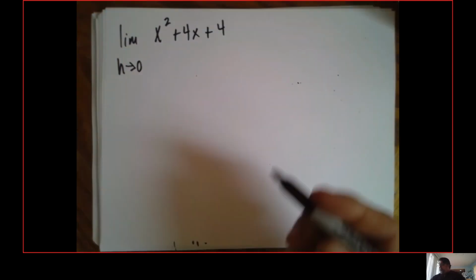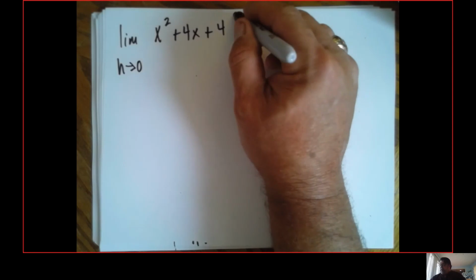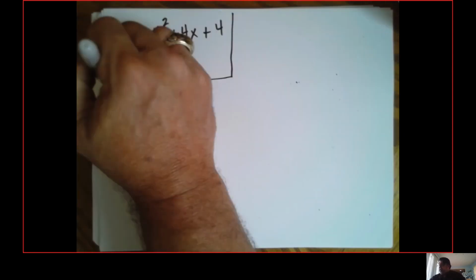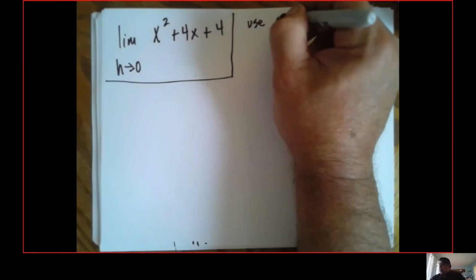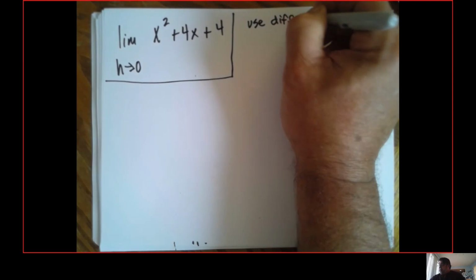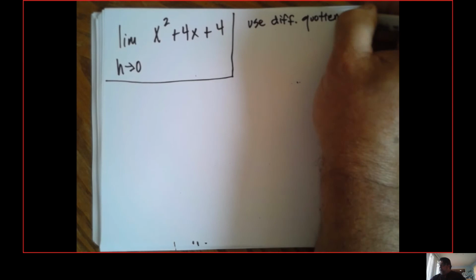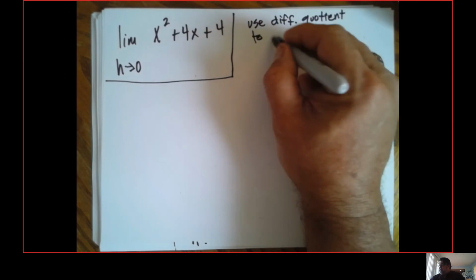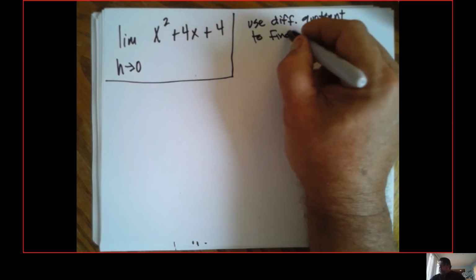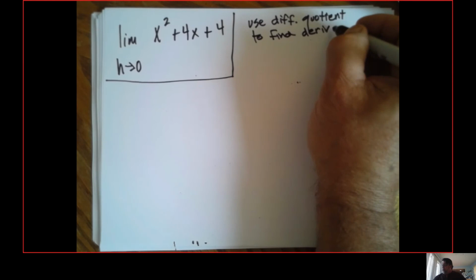And they will tell you in the directions, they will say use difference quotient to find the derivative or something like that. And that's in Chapter 3.1 and 3.2.